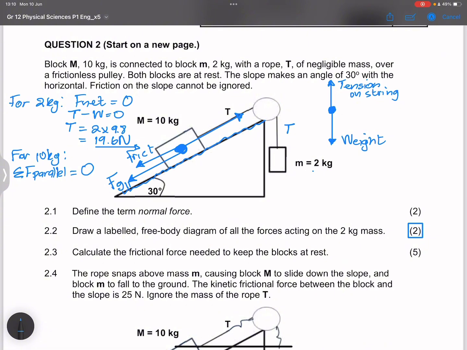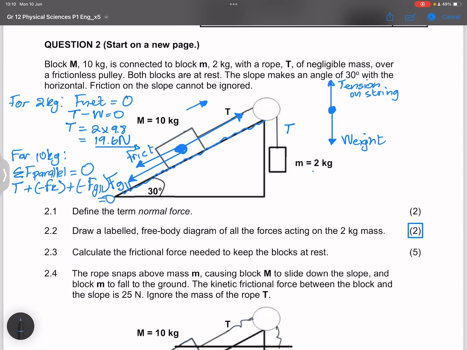So that means I'm going to have tension, taking up the slope as positive, plus a negative friction, minus the parallel component of gravity. And we know this would be equal to 0.